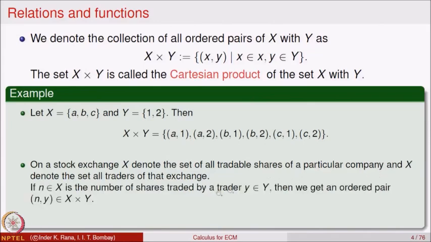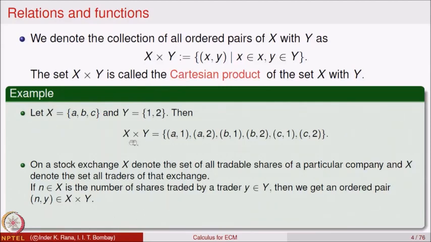Then for the number of shares n belonging to X, the number of shares traded by a trader y in Y will give us an ordered pair (n, y). So, that is an element of X cross Y. So, that is how the ordered pairs and the Cartesian products come into existence.